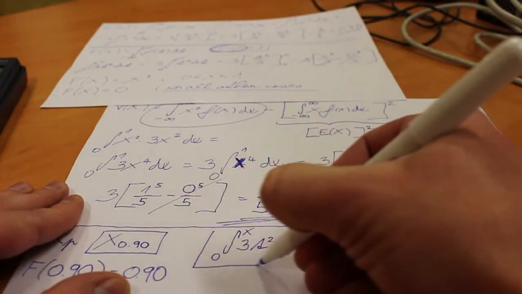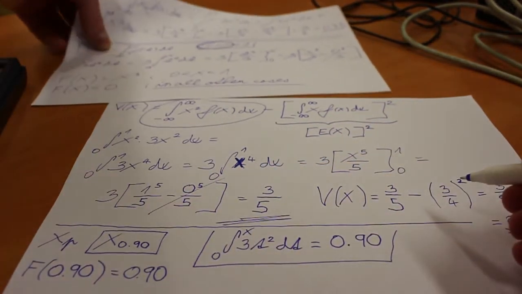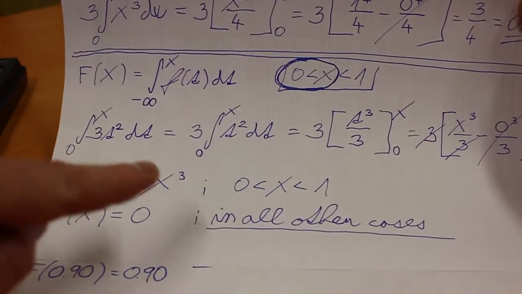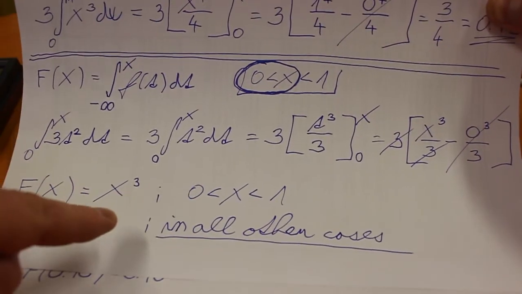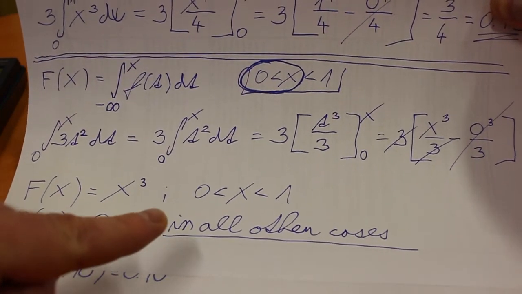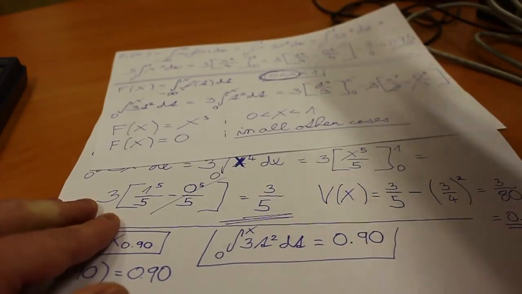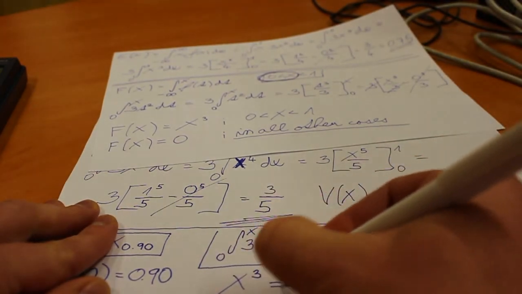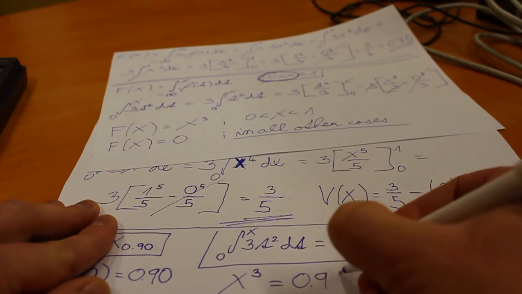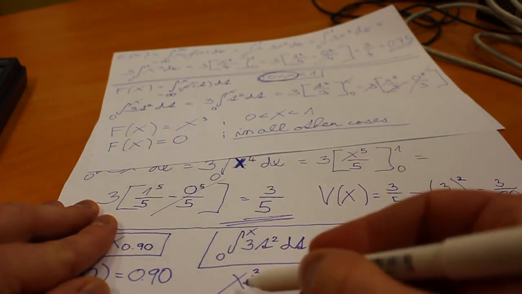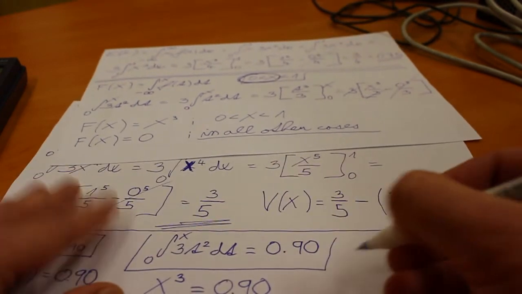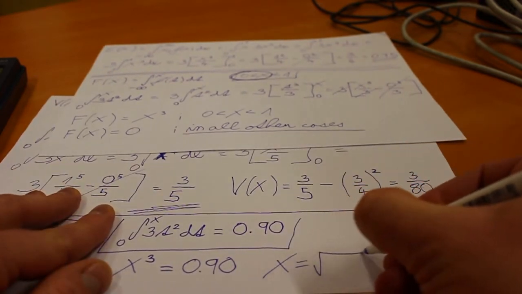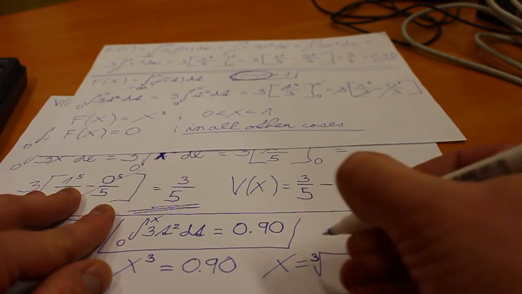So if I use this integration, the result x to the power of 3 is equal to 0.90. X to the power of 3 is equal to 0.90, and I would like to calculate just x. So x is equal to the third root of the value 0.90.